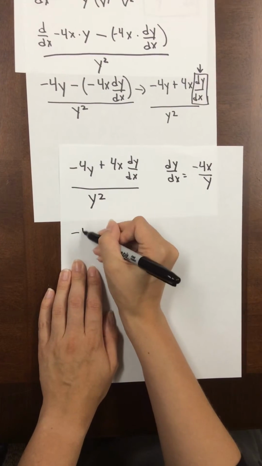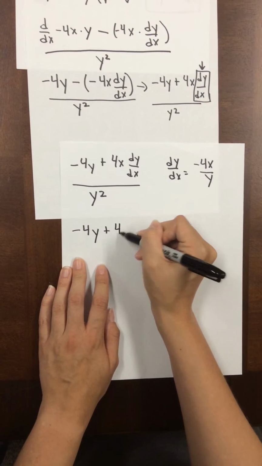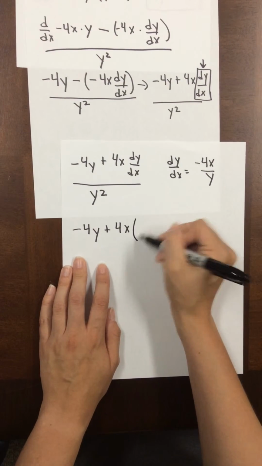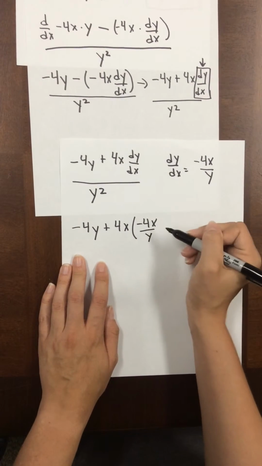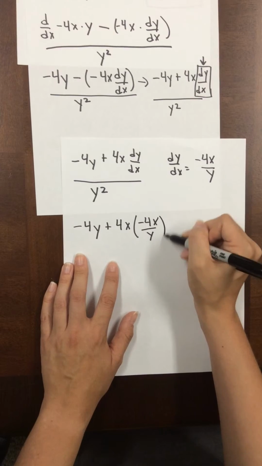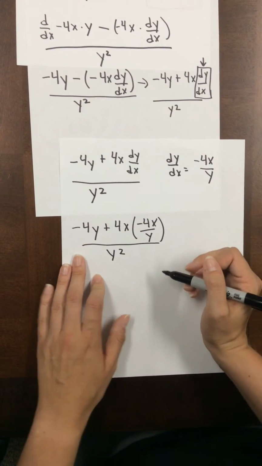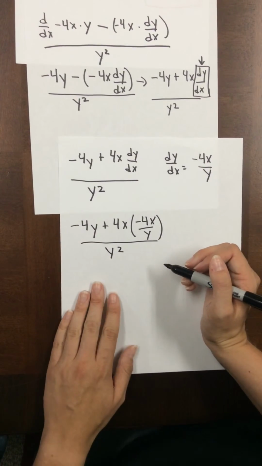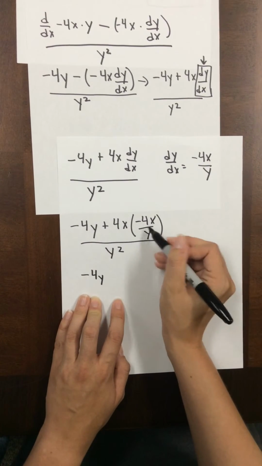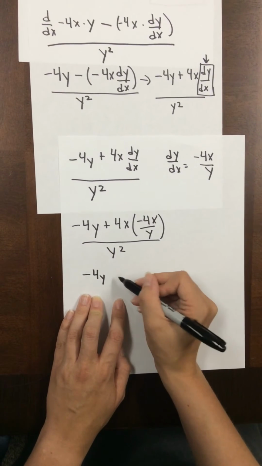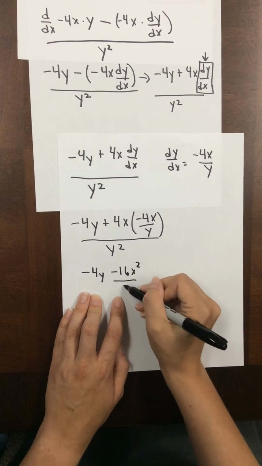So we get negative 4y plus 4x times negative 4x over y, all over y squared. When we simplify this down, we get negative 4y minus 16x squared, since 4x times negative 4x is minus 16x squared, all over y squared.